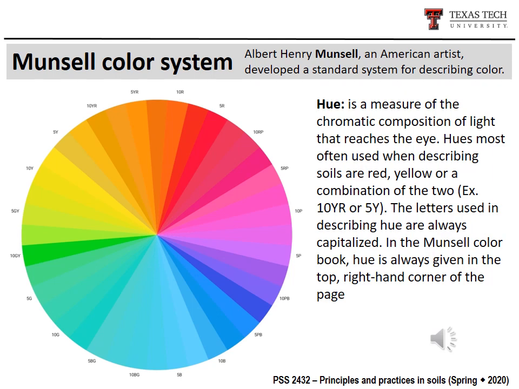Okay, this code means hue, and the hue is a measure of the chromatic composition of light that reaches our eyes. Basically the hue is the color: yellow, green, blue, red, purple. Okay, this is the Munsell color system.